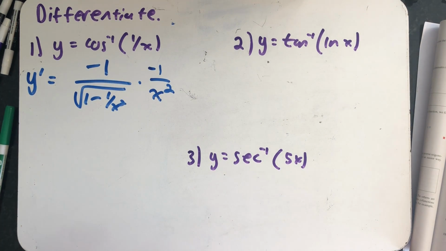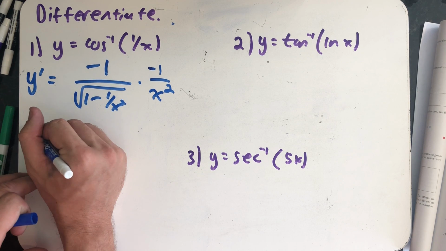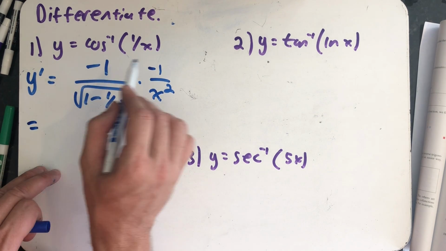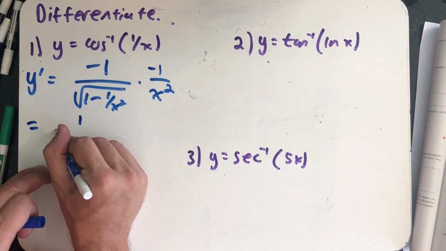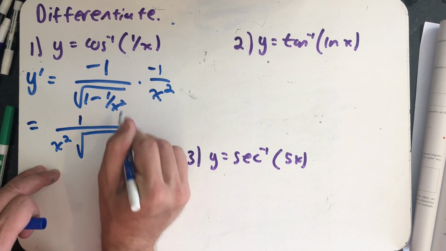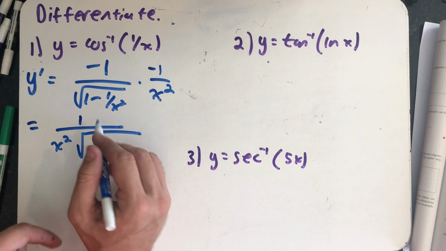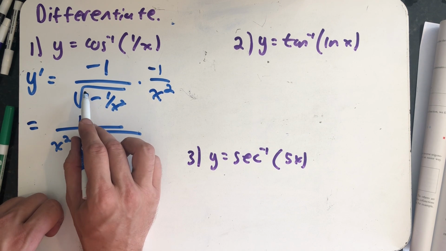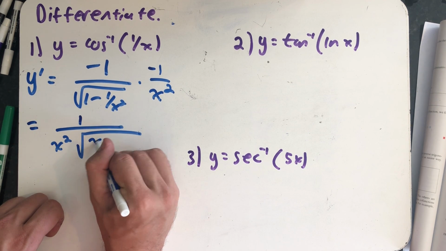And I want to simplify this a little bit, and there's more than one way to do this simplification, but I'm going to say minus 1 times minus 1 would be a positive 1, all over x squared times the square root, and under the square root, I want to find a common denominator. So this one, I'm going to think of x squared over x squared.